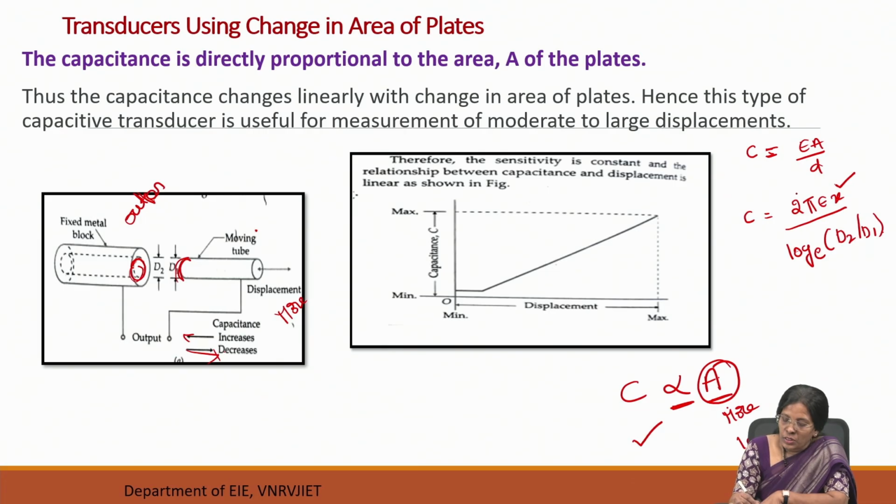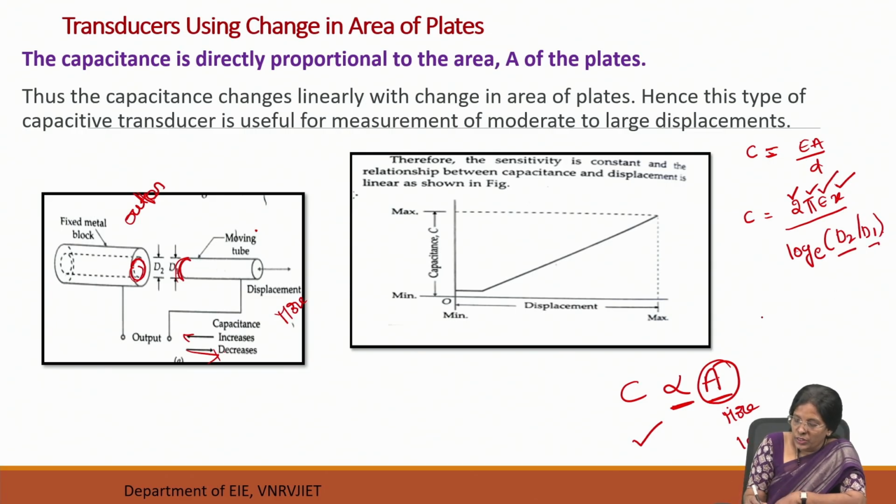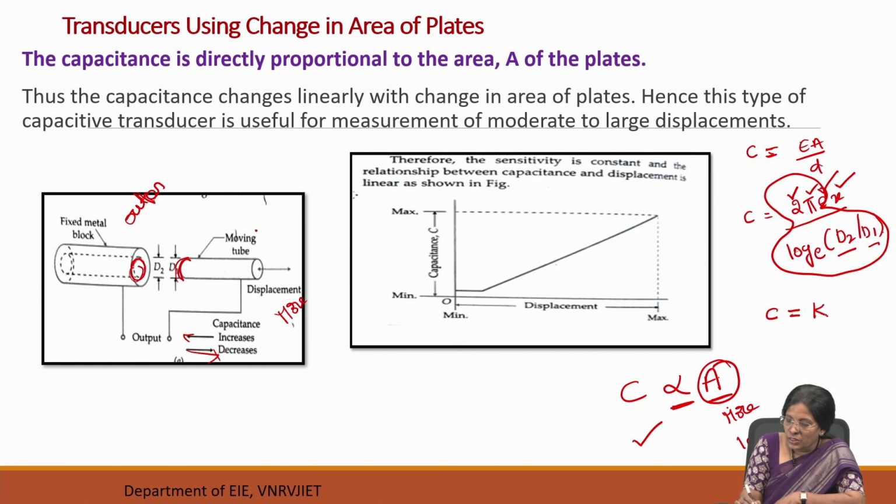Here 2, pi, the permittivity epsilon, d2 and d1 are all constants. So we can take this entire term as a constant K, and write C is equal to K into X. That means capacitance is proportional to X.